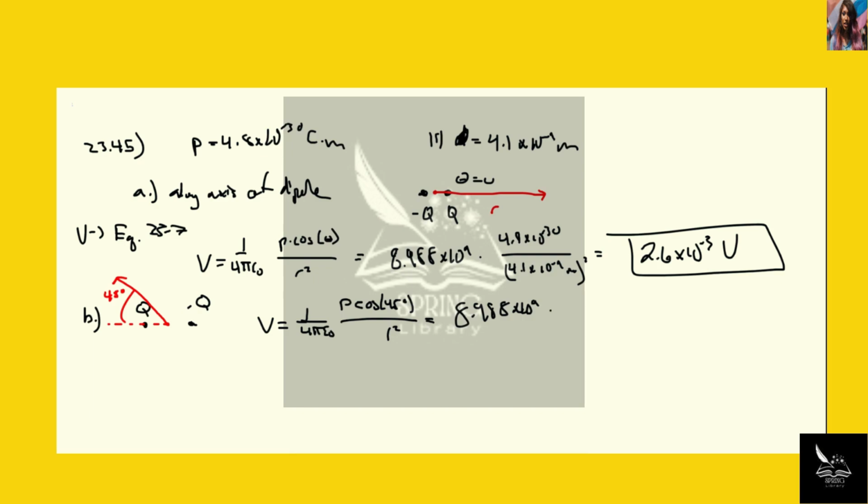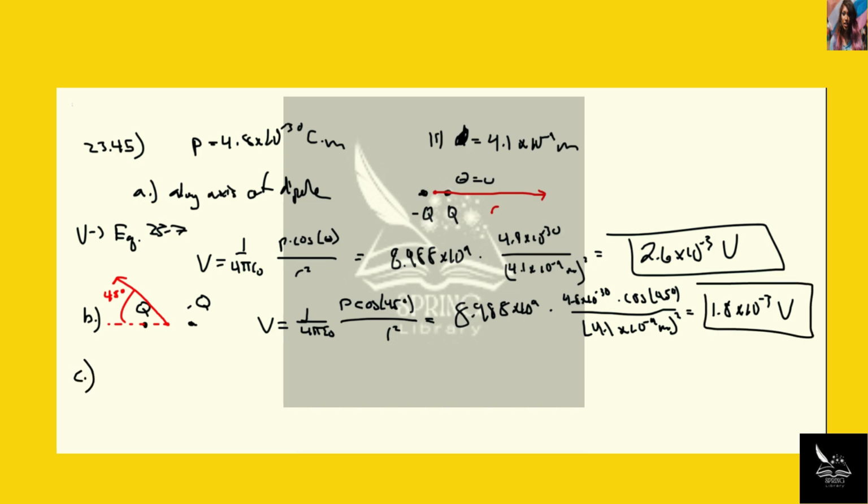Here's 1 over 4 pi epsilon naught, dipole moment times cosine of 45 degrees all over 4.1 nanometers squared. And out of your calculator should come 1.8 times 10 to the negative 3 volts. Cool.